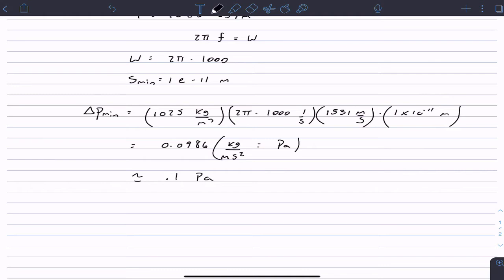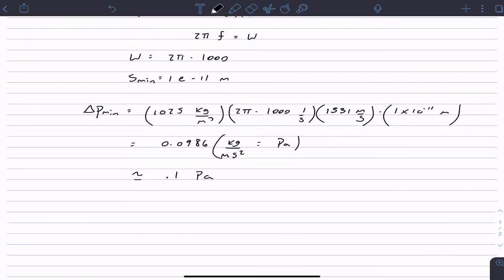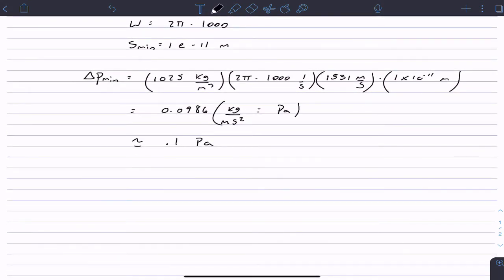Right, so what we can do here is take, we're asked to find the ratio. So we want to take P min. It doesn't explicitly ask us to take the ratio, but it does ask us to compare the two values.